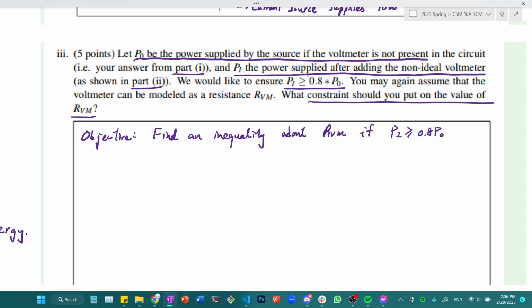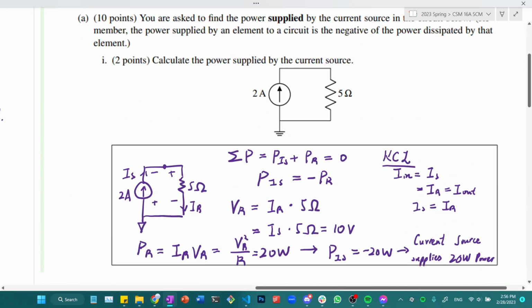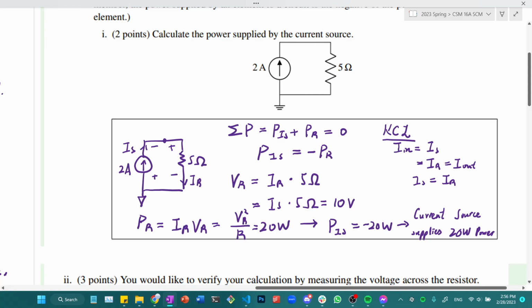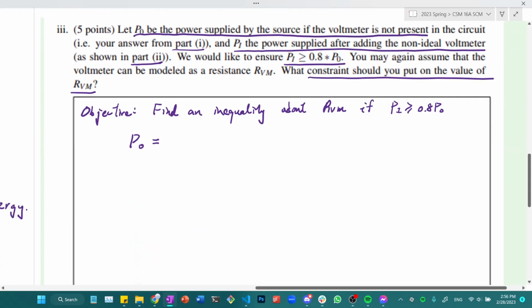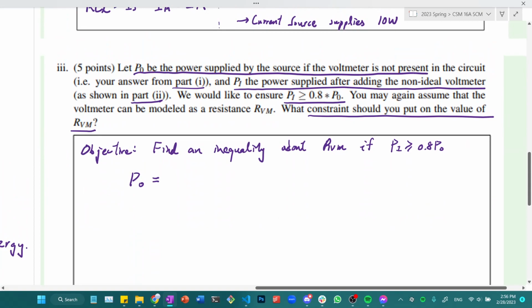And let's also try to write out Pi and P0. So P0 is our answer from part 1 about how much power is applied by the current source. So that's going to be IS, which is 2 amps, times the voltage across the 5 ohm resistor.